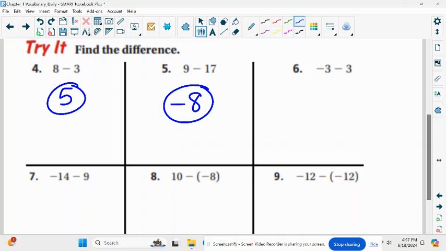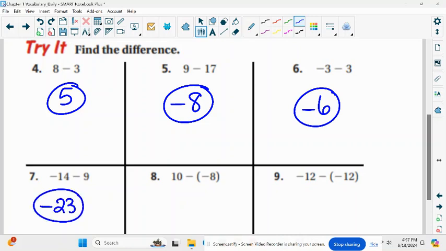You should have gotten negative 6. You should have gotten negative 23. You should have gotten 18. You should have gotten 0.